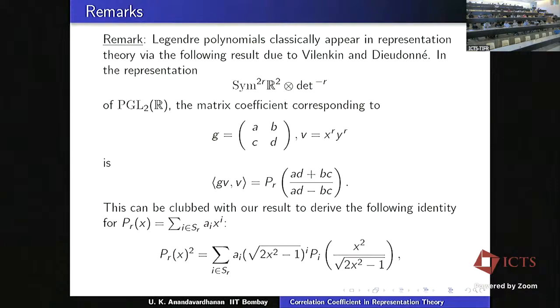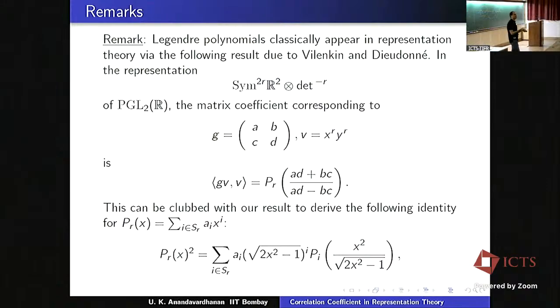And what are these a_i? The a_i are the coefficients of the r-th Legendre polynomial. So the square of P_r is, in P_r, you take the coefficients and fix those coefficients and take all the P_i, but now once. That's a square, and this is once, and vary over everything. And there is this kind of a functional equation.